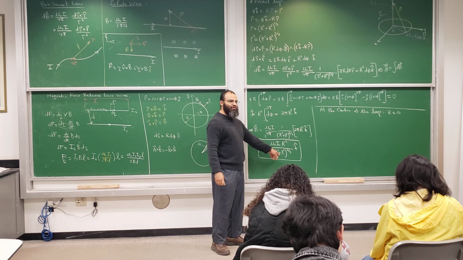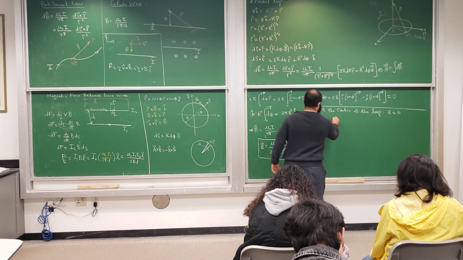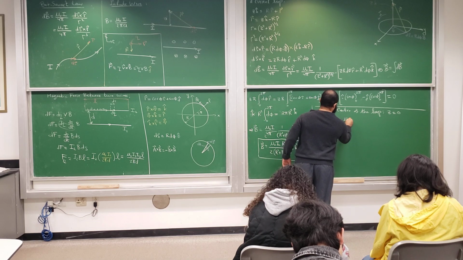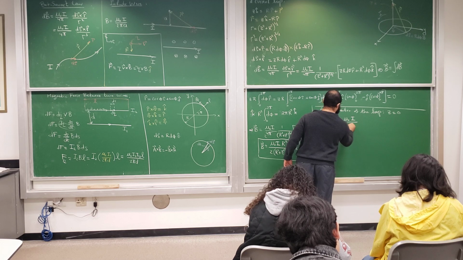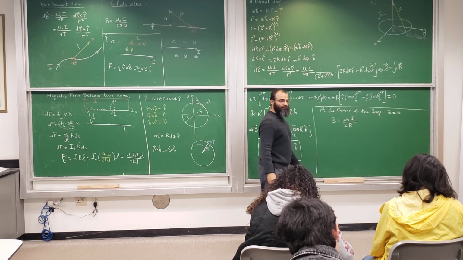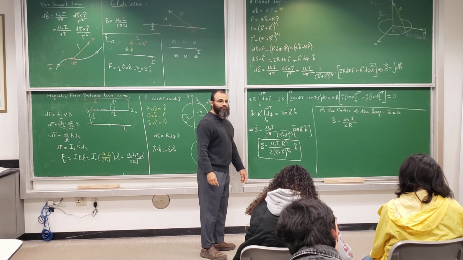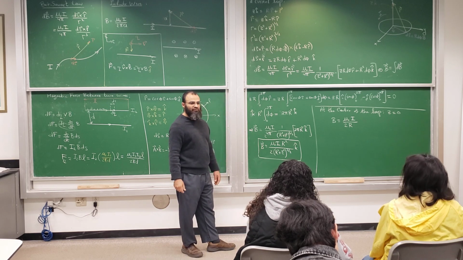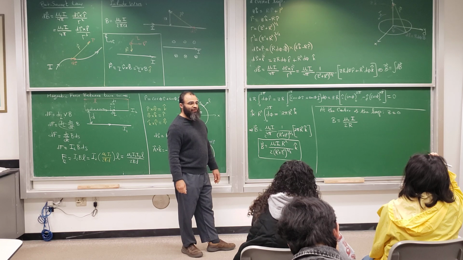You have r squared on top over r cubed, you get 1 over r. So it becomes mu naught I over 2R. That's the magnitude. That's how much it is at the center of the loop.